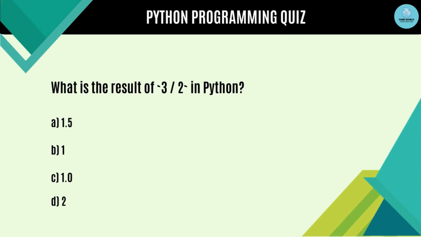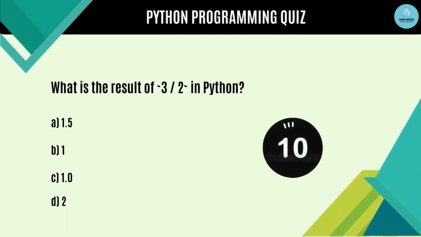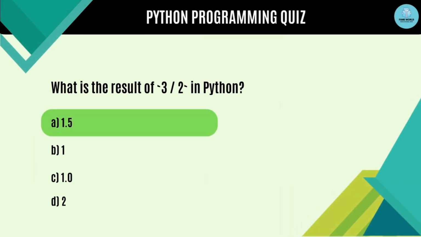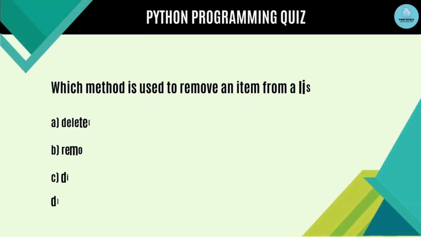What is the result of... Which method is used to remove an item from a list in Python?